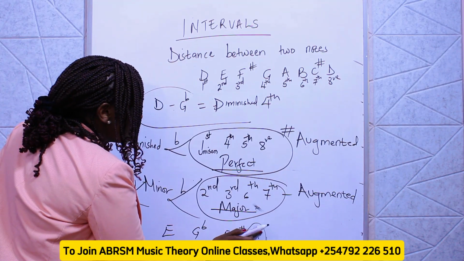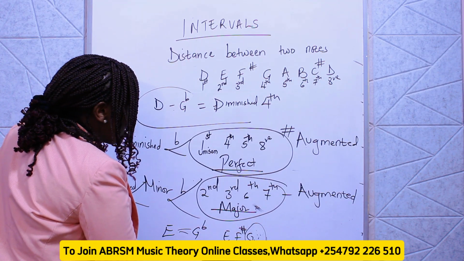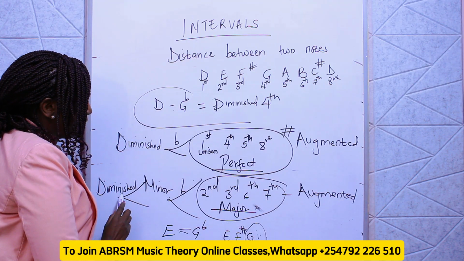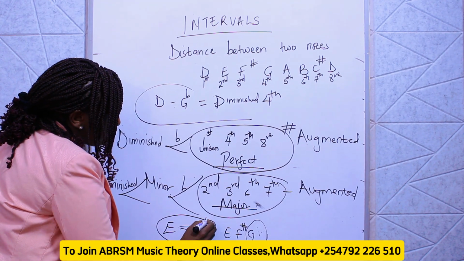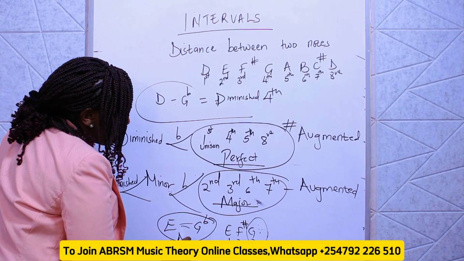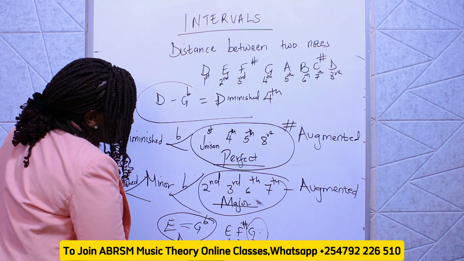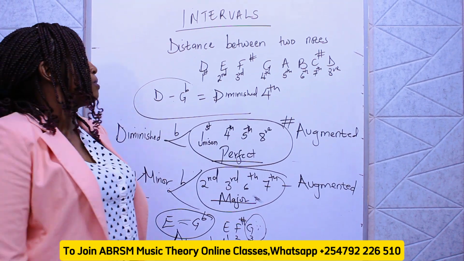But if I put this G to be flat, like I have done here, then I have lowered it twice. I have taken it to minor and then lowered it again to a G flat. So now the interval of E to G flat is a diminished third. So yeah, that's it about intervals.